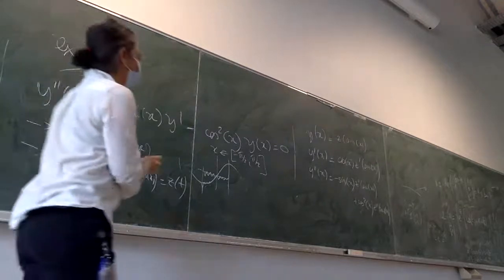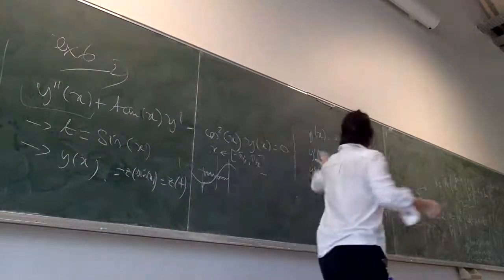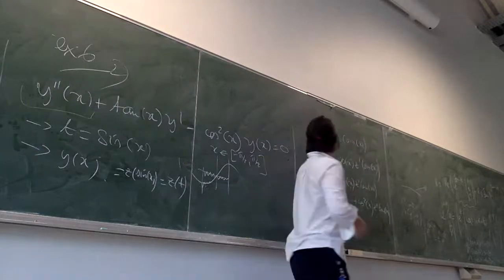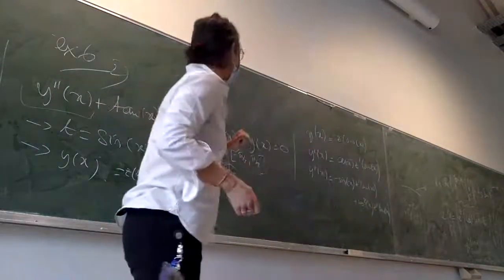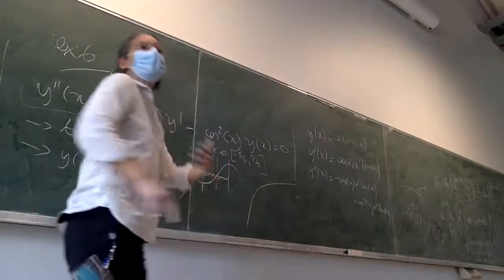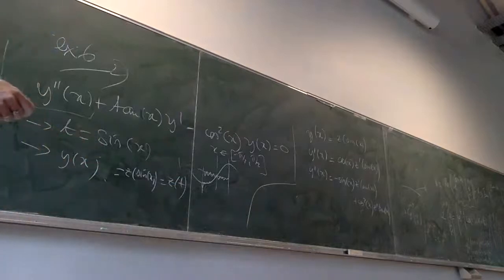Okay. So now that I have calculated that, I can substitute in my equation what I have found, and hopefully that's what it was done for. That's why we gave you that substitution. It should simplify.